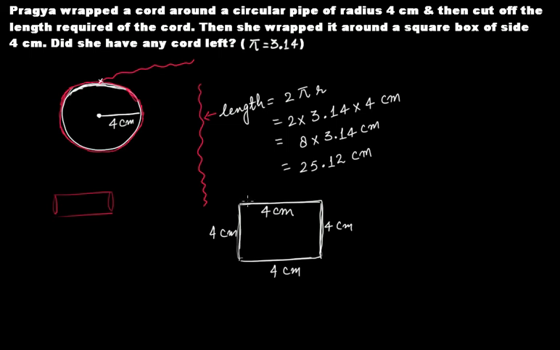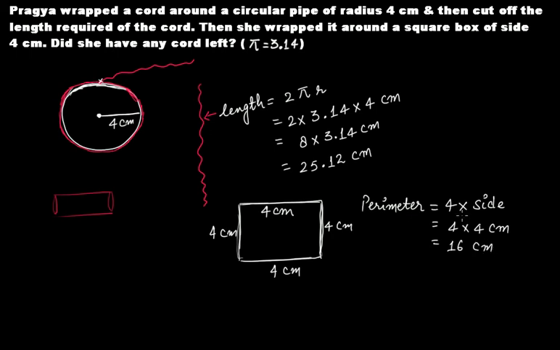Clearly, you also calculate the perimeter of this square. So perimeter is actually what? 4 times side, right? Because side plus side plus side plus side will give you the perimeter, that is 4 times side. All sides are equal. So 4 times 4 centimeter gives you 16 centimeter, right?